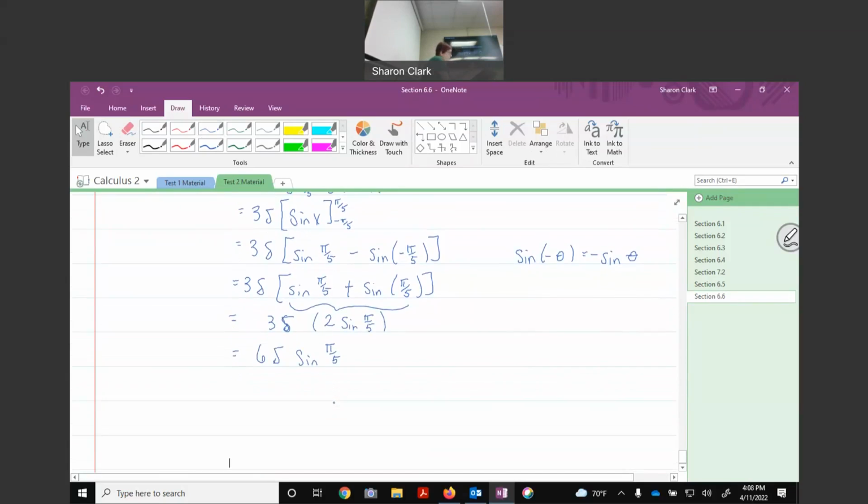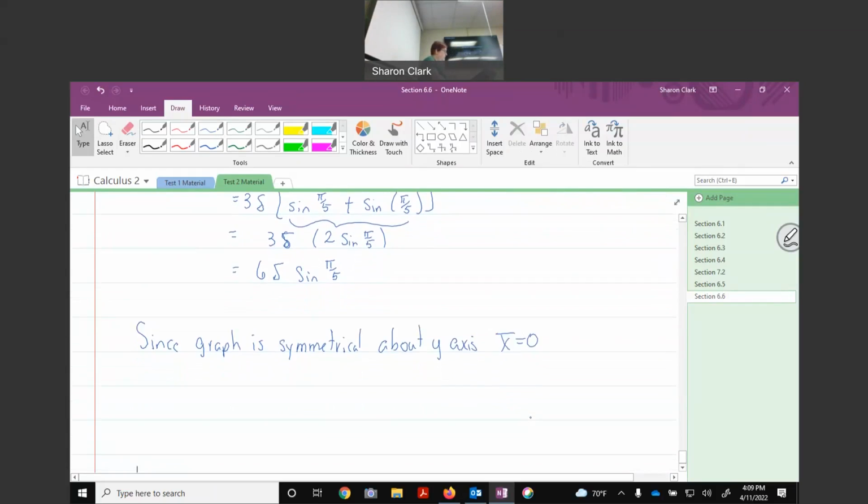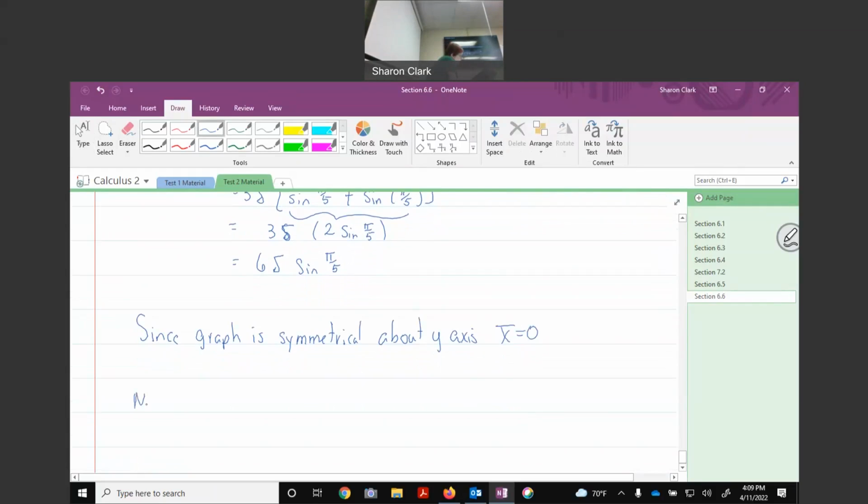Now, since the graph is symmetrical about the y-axis, x bar is 0. So what we need to find is Mx, which is the integral from a to b of delta over 2 times f squared x minus g squared x dx.